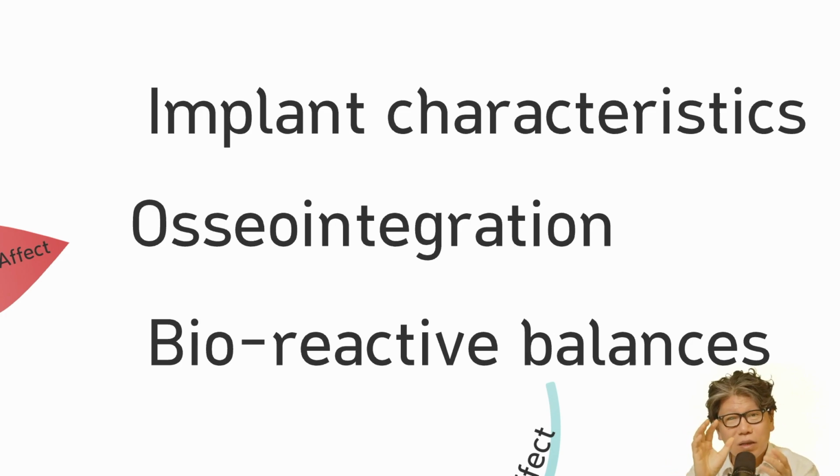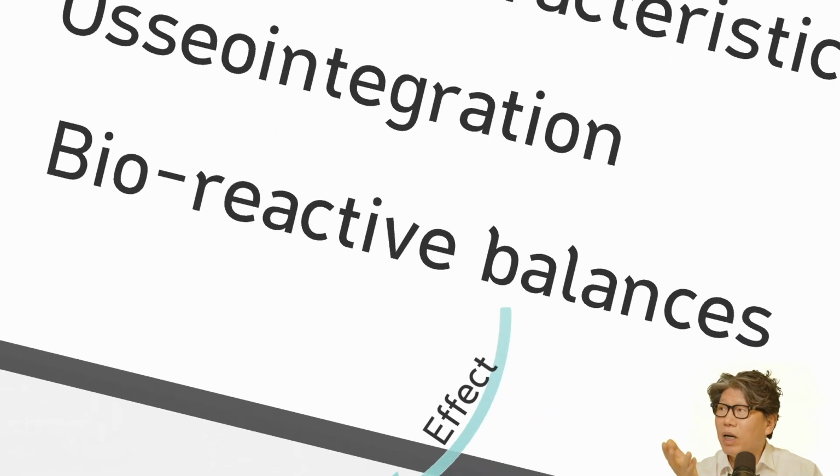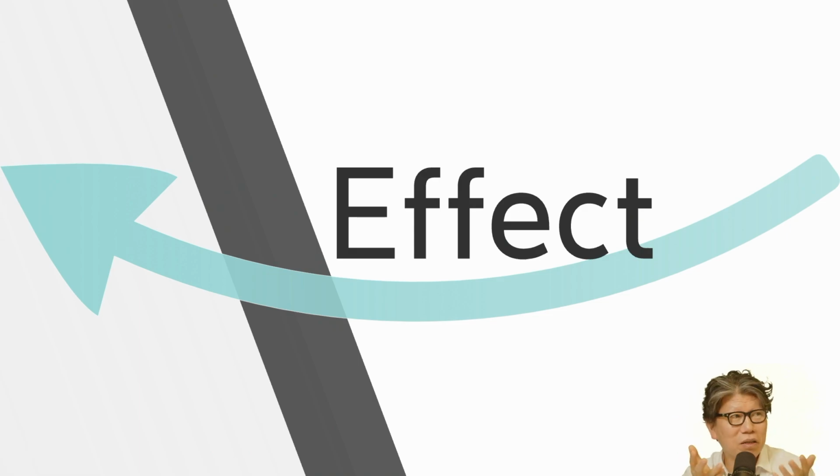The bone around the implant must achieve a bioreactive balance for the implant to remain intact. This is because the bone does not remain static. New bone forms, matures, and gets absorbed, and so the characteristics determined by the implant's micro and macro design ultimately affect the bone surrounding the implant. Thus, this influences whether the implant lasts a long time, comes out quickly, or experiences bone resorption.